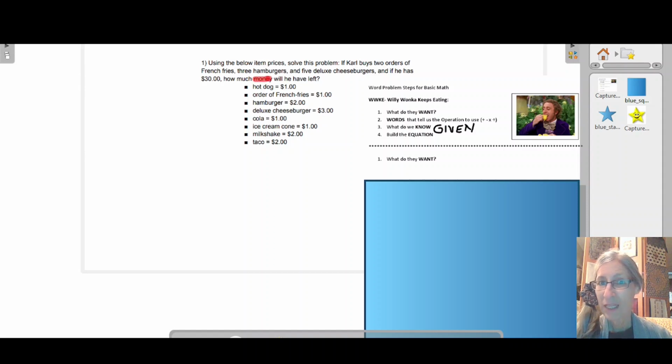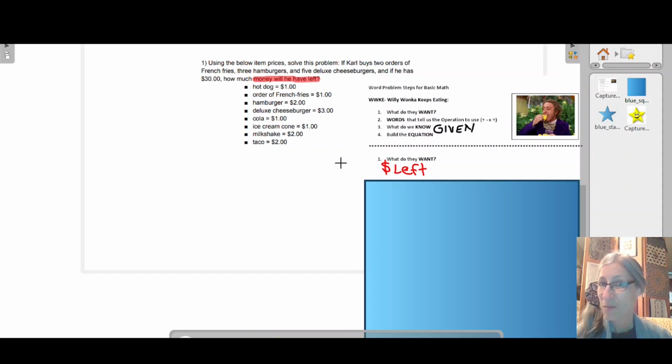How much money will he have left? That's what they want us to find. So I'll just put money left, and I'll use a capital L so it doesn't look like a 1. All right. So we know what they want.